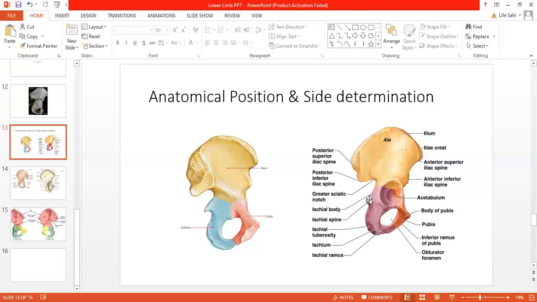And as you can see, the greater sciatic notch is located laterally. So while holding the hip bone, you will hold the hip bone in the first web space of your hand.